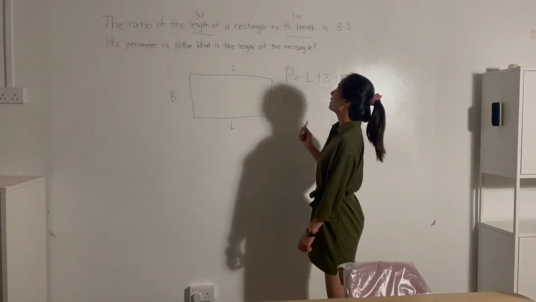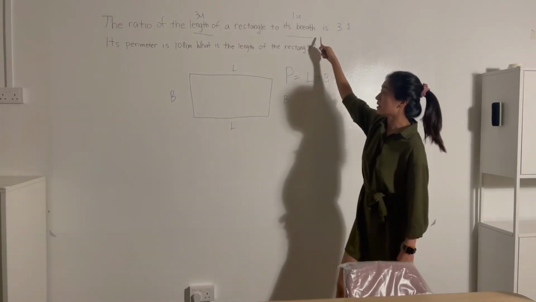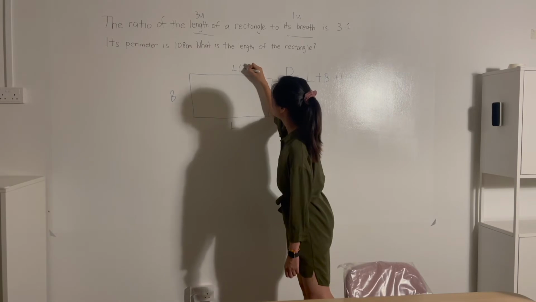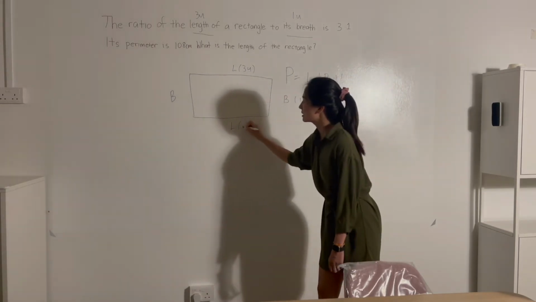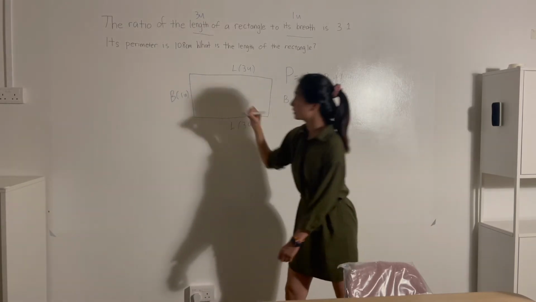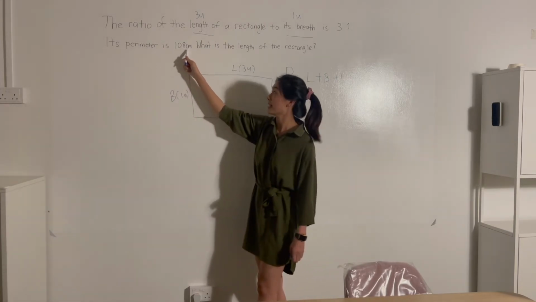Right now, since I know that the length is 3 units and the breadth is 1 unit, I will label down in my diagram. So the length is 3 units, breadth is 1 unit. I will just label for all. And this part of the question says its perimeter is 108 cm.